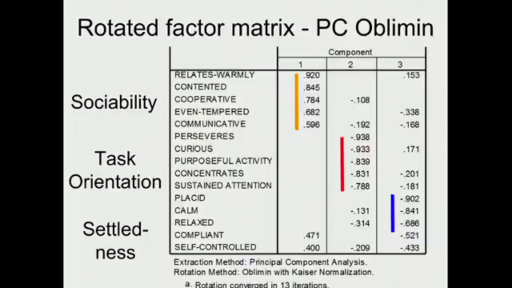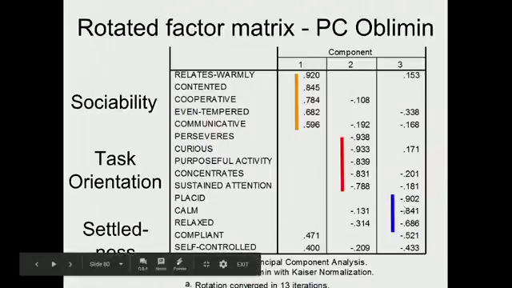Now the factors have been reorganised. You see the colours the other way around. Up the top we've now got sociability, then we've got the task perseverance, then we've got the calmness. What happened to the two complex items? They're down the bottom, and they're still complex. 0.47 versus 0.52, 0.4 versus 0.4.